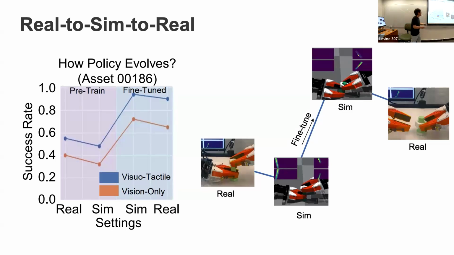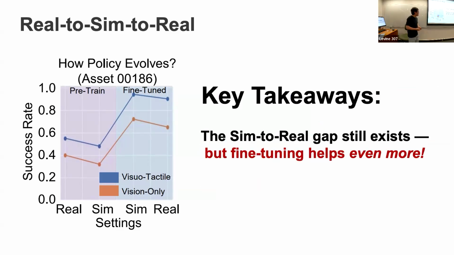But compared to the starting point, the performance is increased a lot because simulation helps. Even though this pipeline is a little bit complex, it can help. So the takeaway here is that even though simulation gaps still exist, fine-tuning helps even more. That's how we balance this.